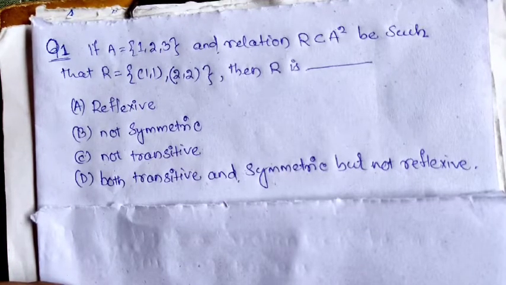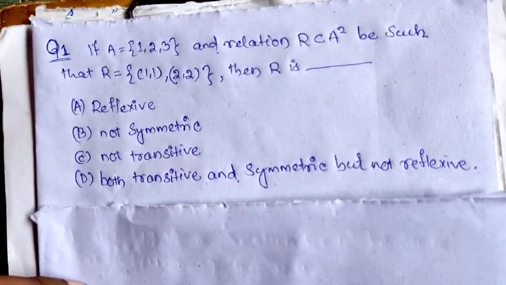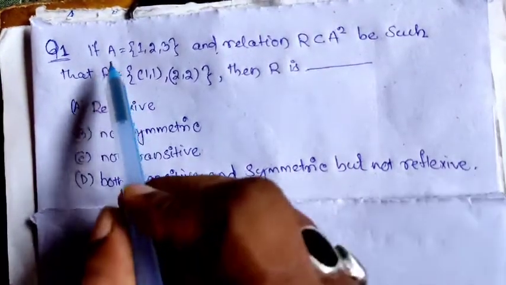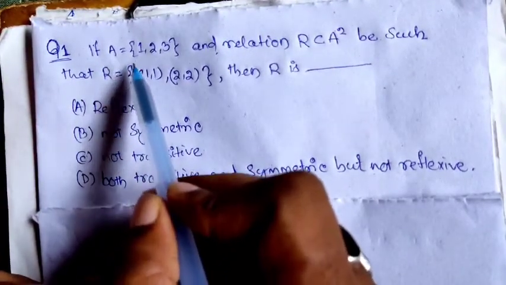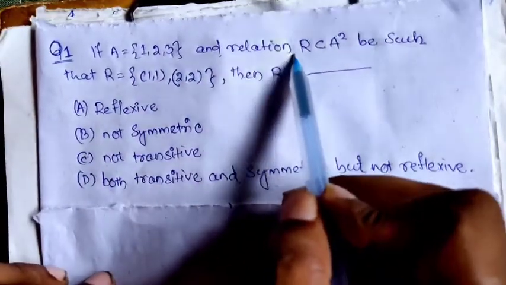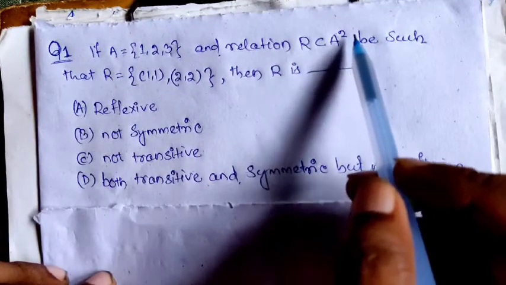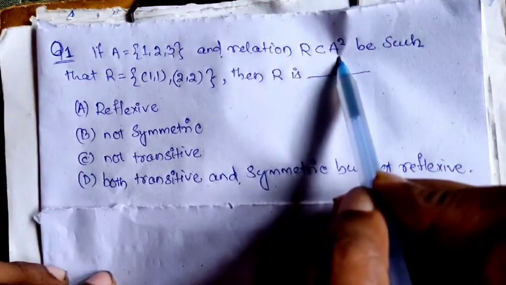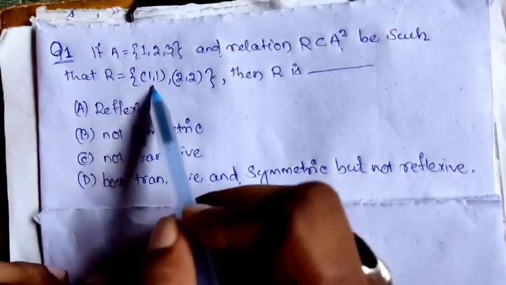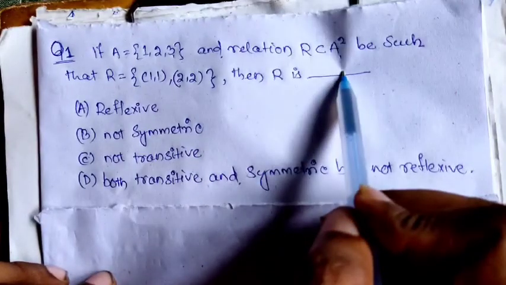So, question number 1 says: if a set A having elements 1, 2, 3 and a relation R, which is a subset of A square, that means A cross A, such that R has ordered pairs (1,1) and (2,2), then R is dash.